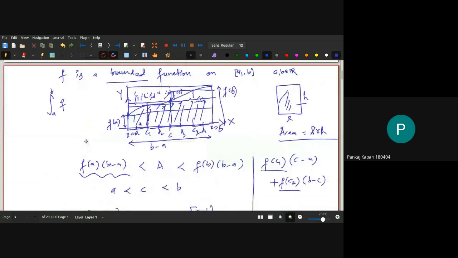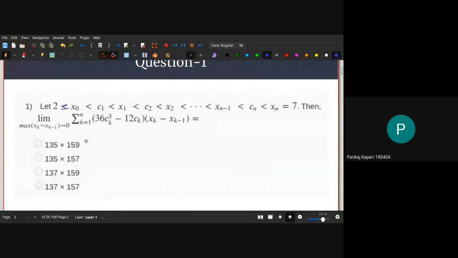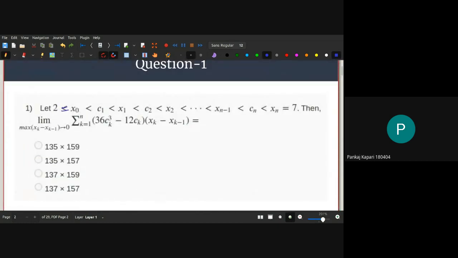Now you can see that in the question you have to find this limit, right?